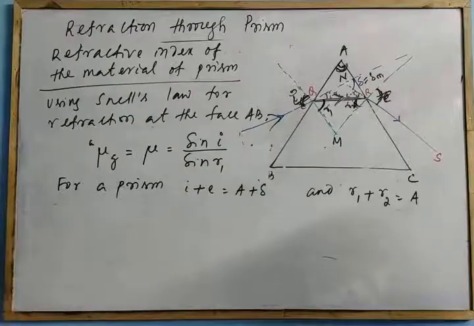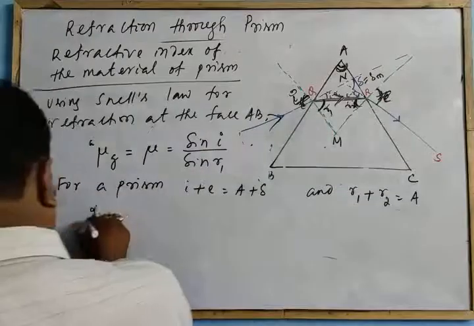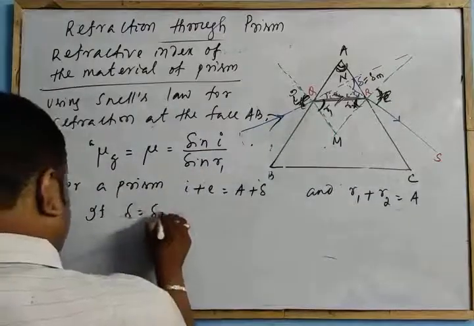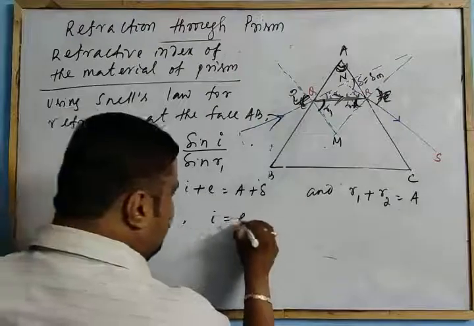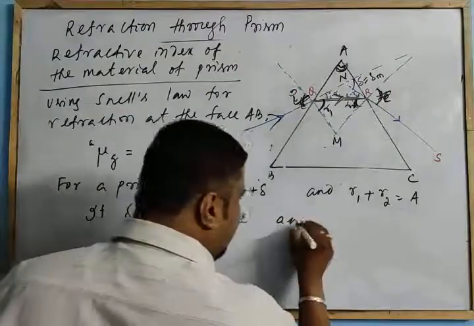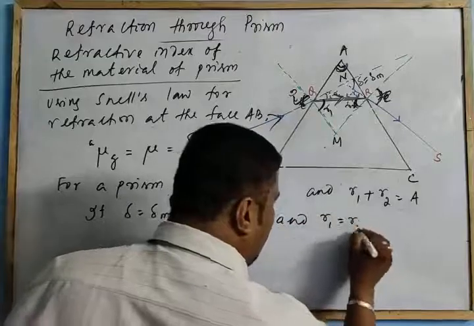That you already know. But if delta is equal to delta M at minimum deviation, I is equal to E and R1 is equal to R2.